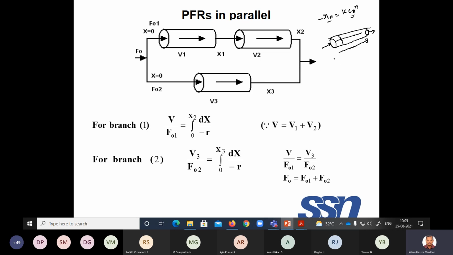So in a PFR, your concentration of Ca will be as high as possible. If the concentration is high, the rate will be high, and the conversion also will be high. Now what is happening in this particular mixed reactor? This is Ca naught, this is Ca, and this is also Ca.